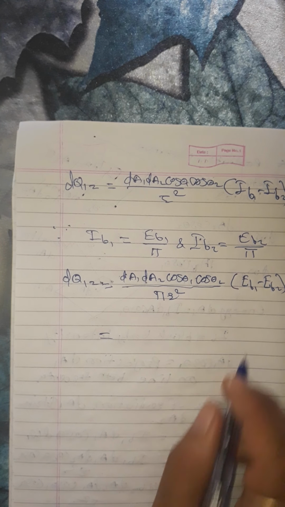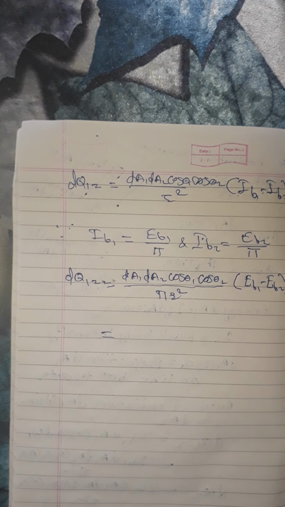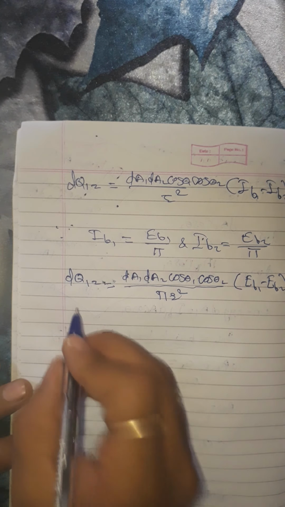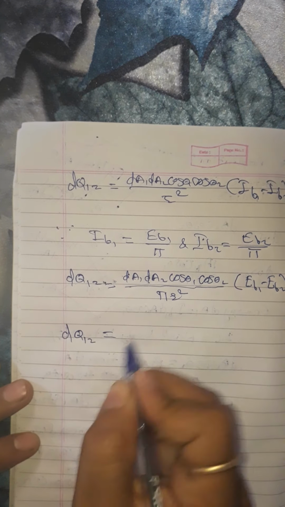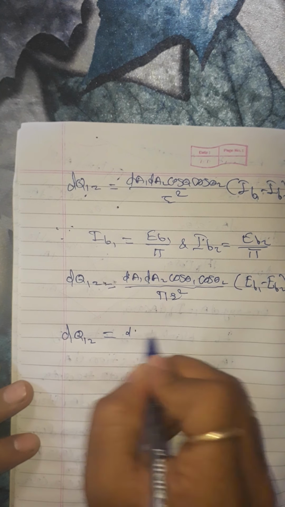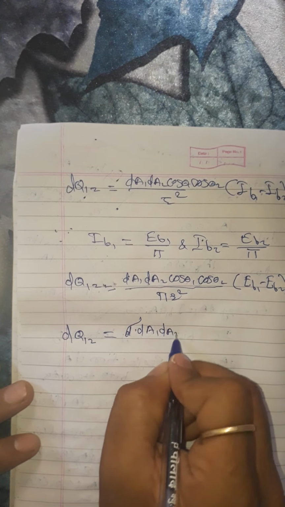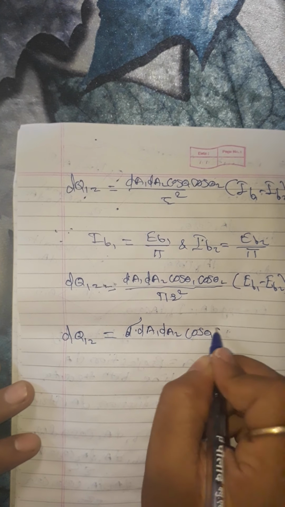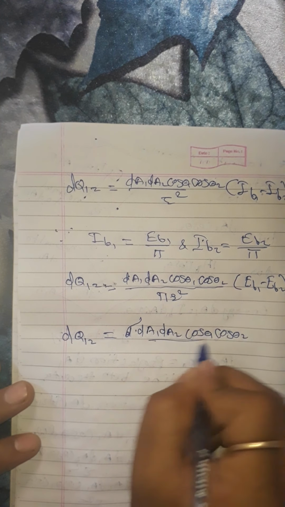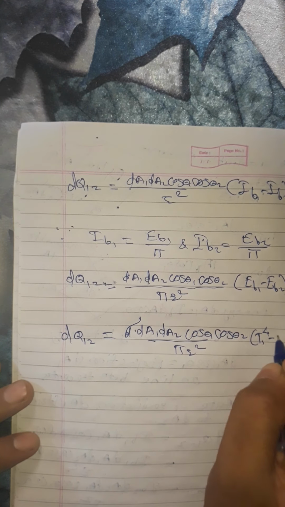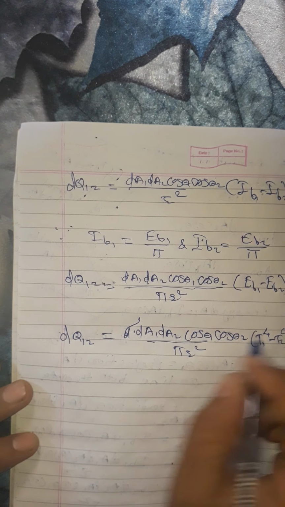These are black bodies, so the energy emission of a black body is equal to sigma into T raised to 4. By the Stefan-Boltzmann law, taking sigma common, dA1 dA2 cos theta 1 cos theta 2 divided by pi r square, into T1 raised to 4 minus T2 raised to 4.